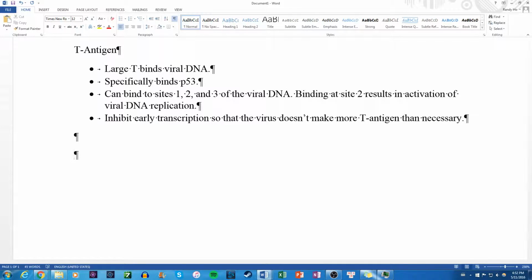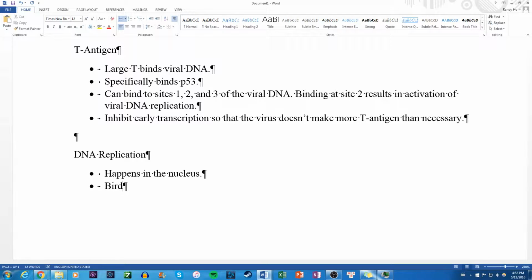So that's bullet point Roman numeral 7. The next bullet point, 8, is DNA replication. I keep saying this over and over again, but just to drill the point home, it happens in the nucleus.